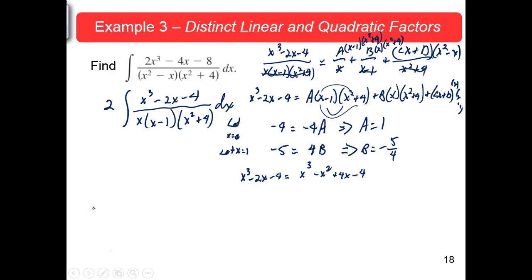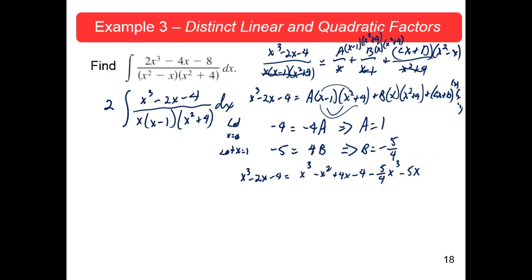I would say let's go put them back in, but it's too late now, I think. So that's going to be a minus 5/4 x cubed minus 5x, right?